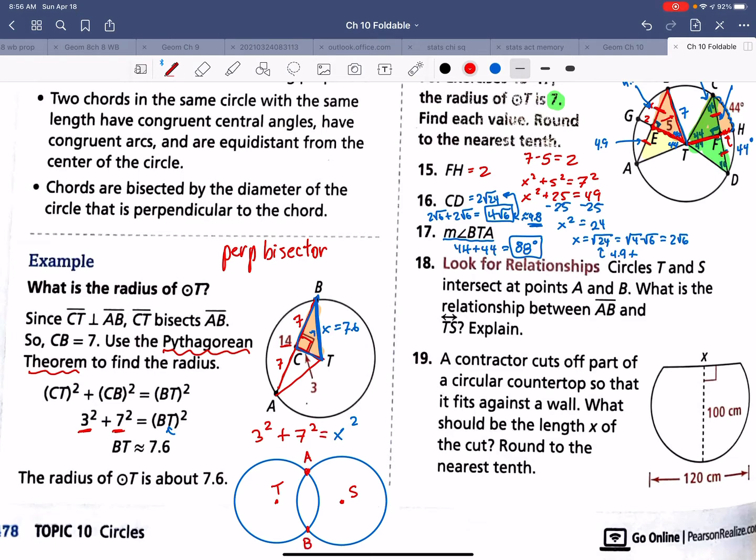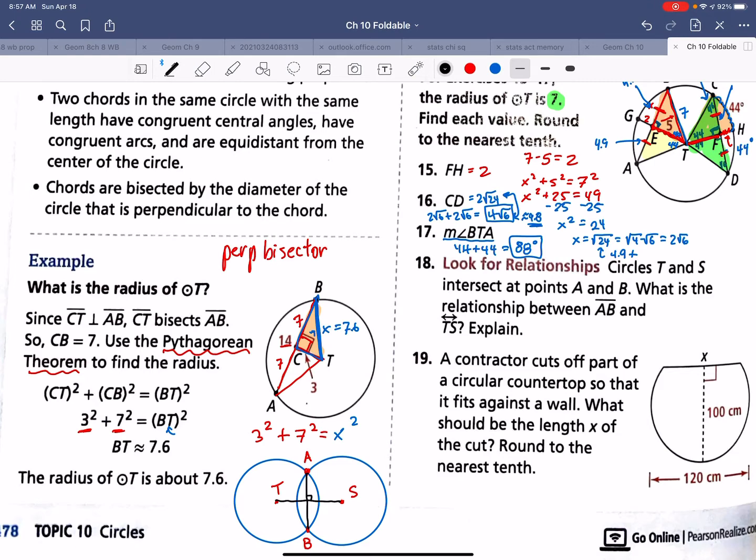Okay. What is the relationship between the line segment AB and TS? Those are perpendicular bisectors, aren't they?